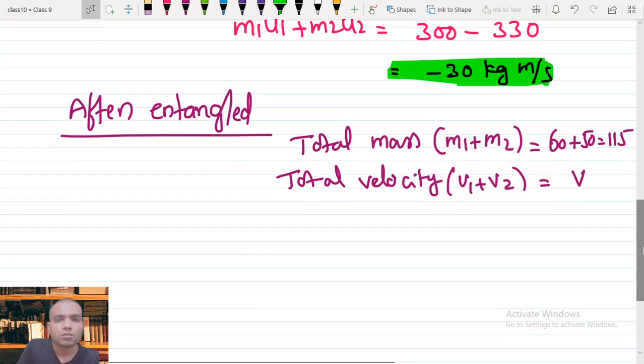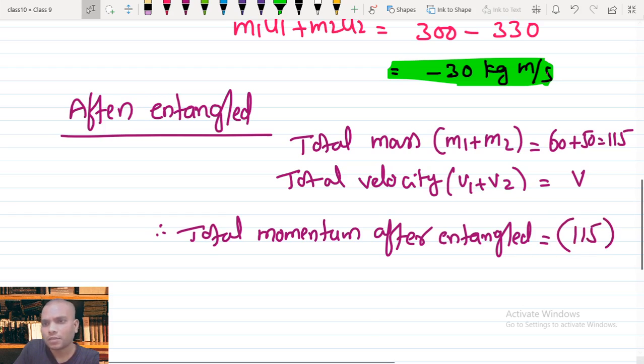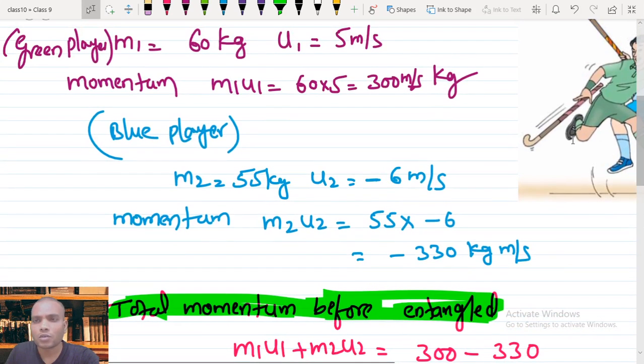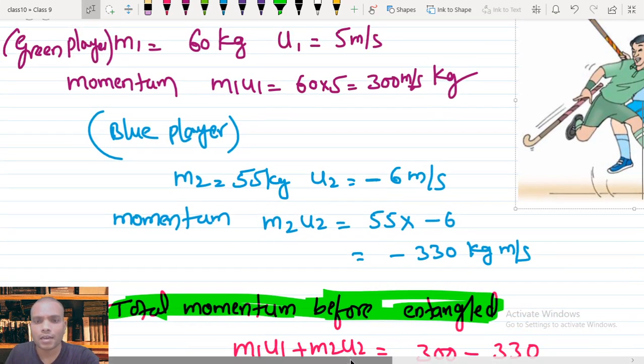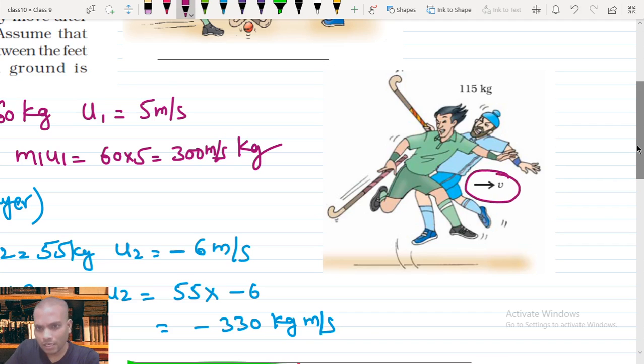Now the total momentum after entangling is equal to 115 times v. Here I have taken v1 and v2 as a common velocity v because they both are stuck together. That's why they have a common velocity. In the diagram itself, they have common velocity v and their total mass equals 115. This is the situation after entangling.